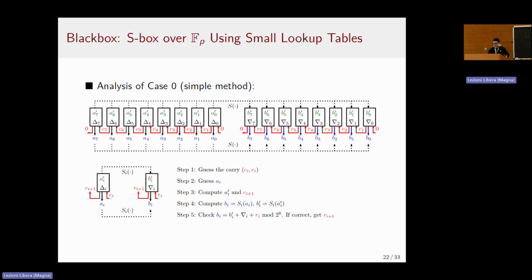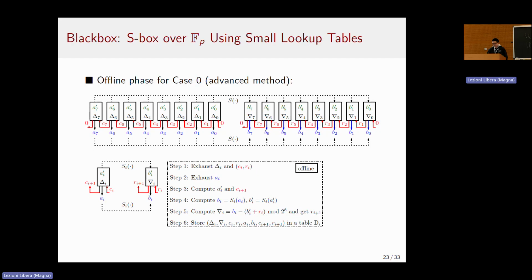So it's easy to see there are many redundant operations. We can use the idea to build a DDT to save the cost. Specifically, we have an offline phase.